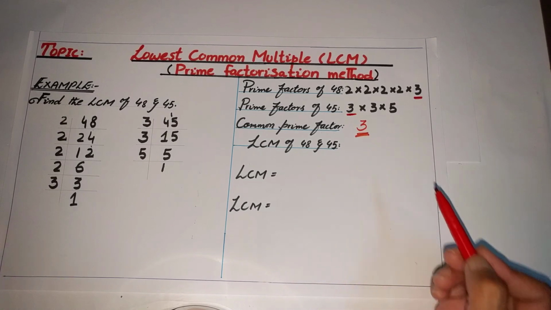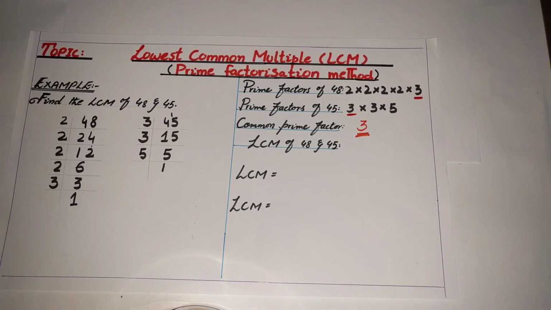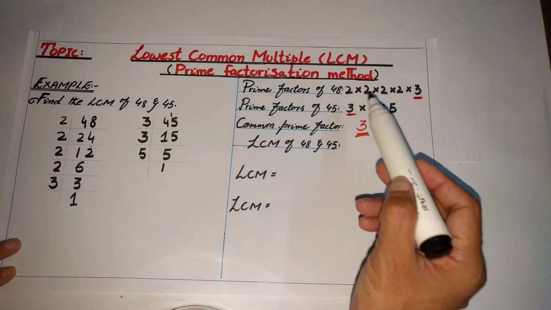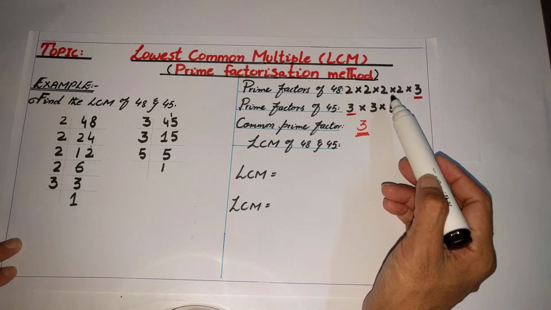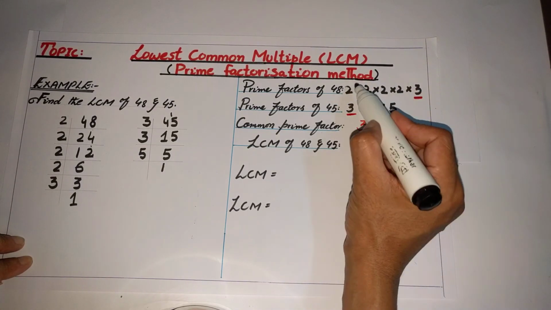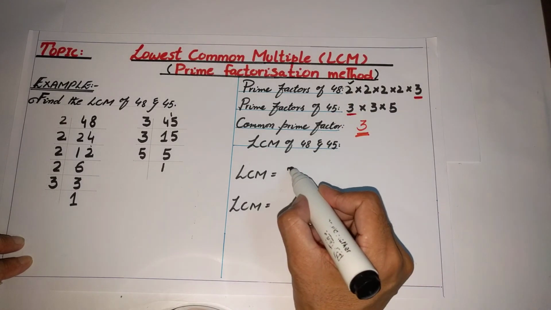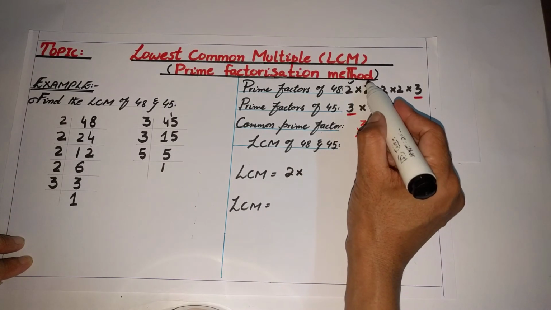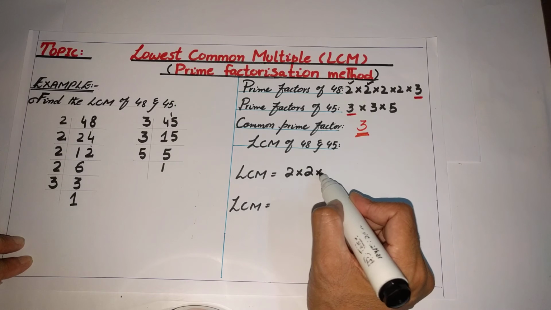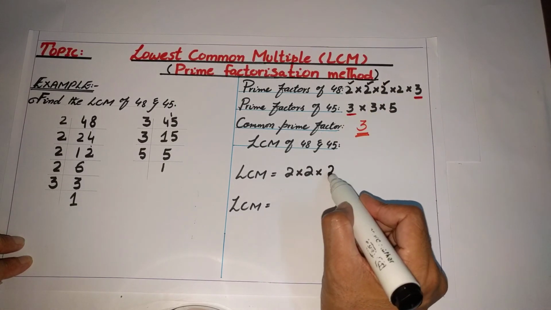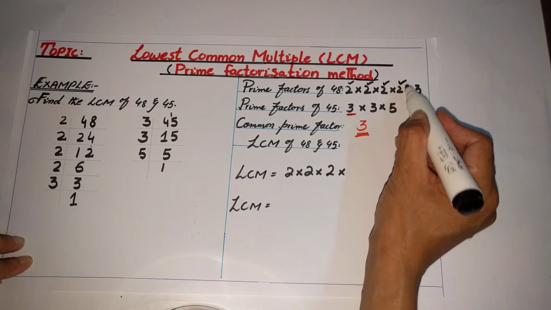Clear? Third step is find the LCM. How we will find the LCM? We will find the product of all prime factors. So let's start. Prime factor 2, prime factor 2, prime factor 2, prime factor 2.